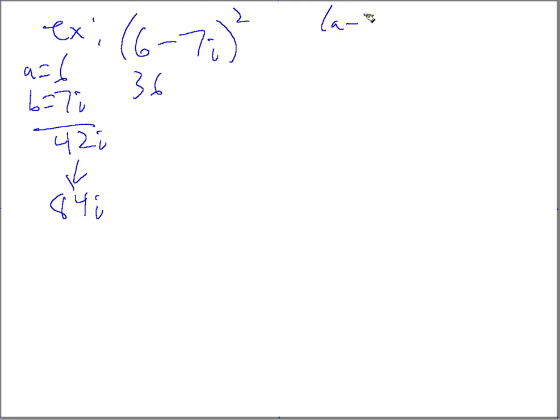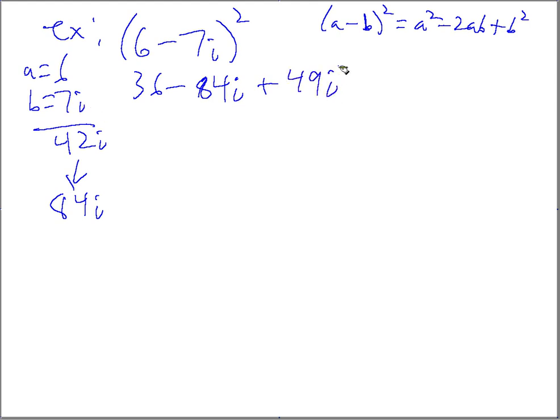Remember the formula again? A minus B quantity squared is what? A squared minus 2AB plus B squared. All right? So 36 minus 84i, oops, sorry about that, sketchpad's acting up a little bit, plus B squared. B squared is going to be 49i squared. Again, i squared is what? Negative 1, right?